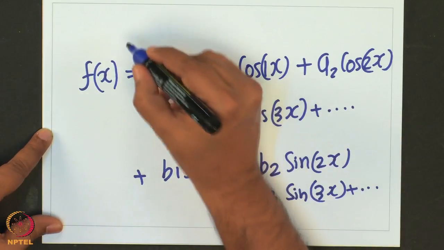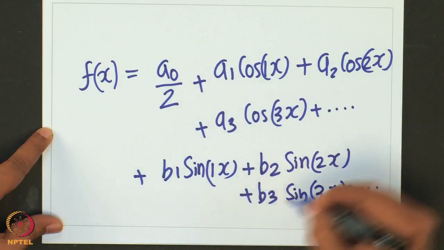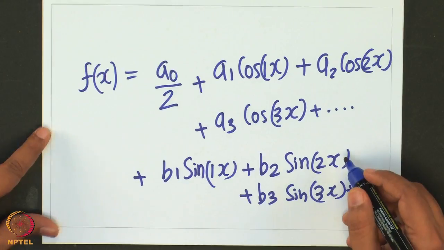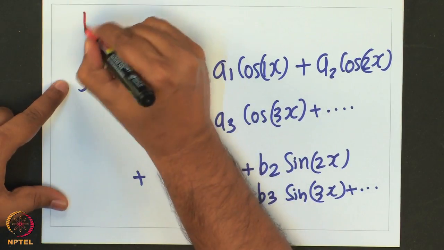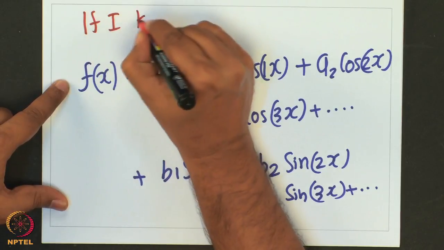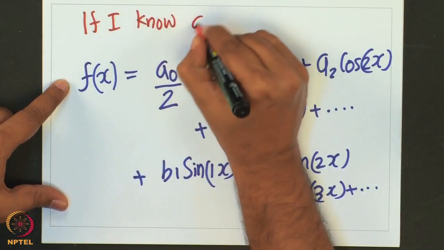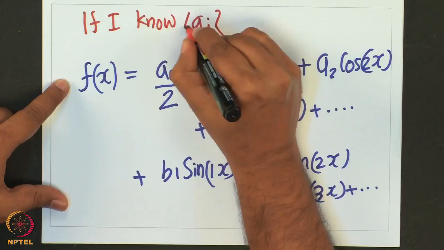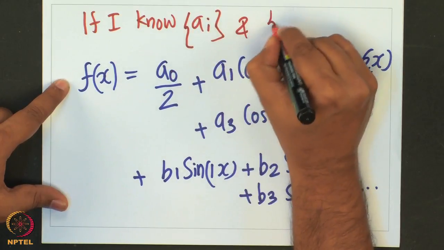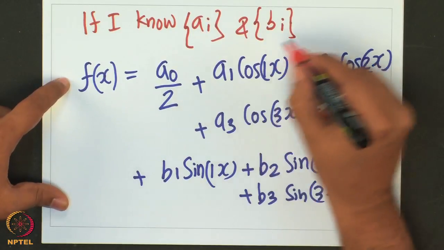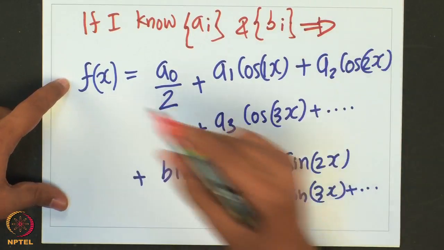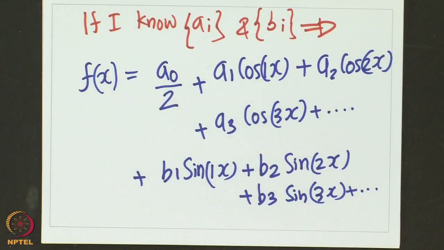So a0, a1, a2, a3 are unknowns. If I know the a's, which are some set of values, and the b's, which are another set of values, we can get this f of x.